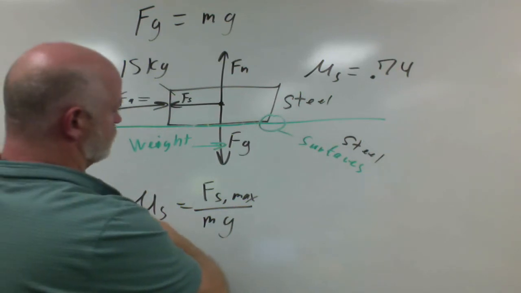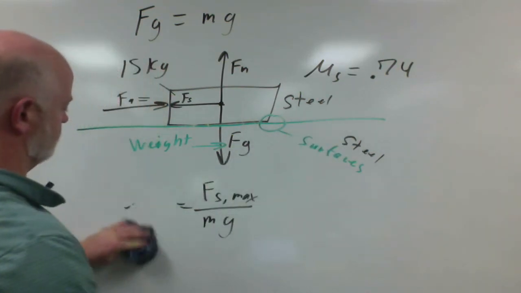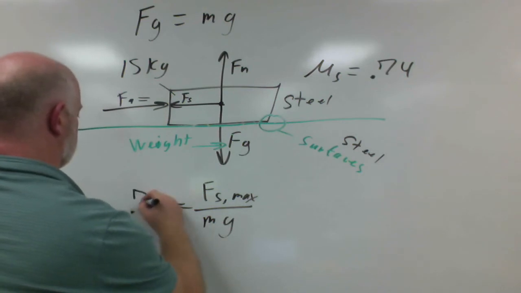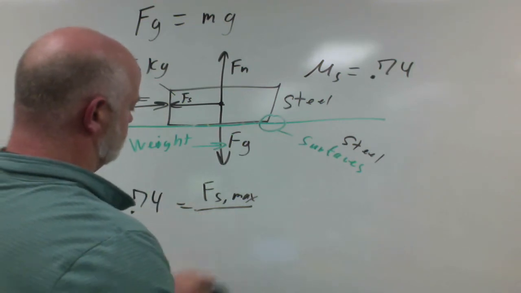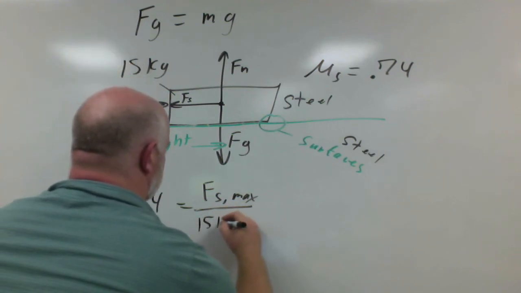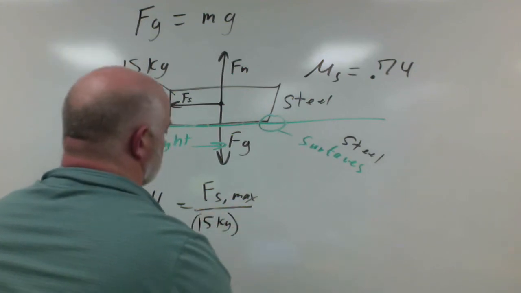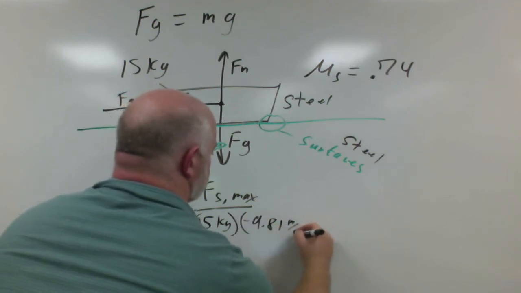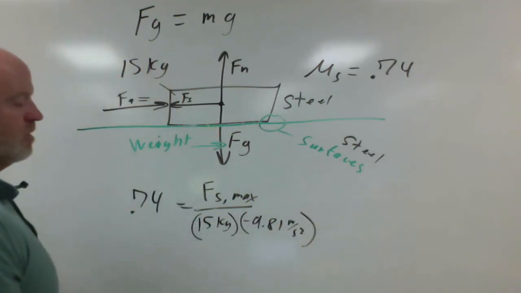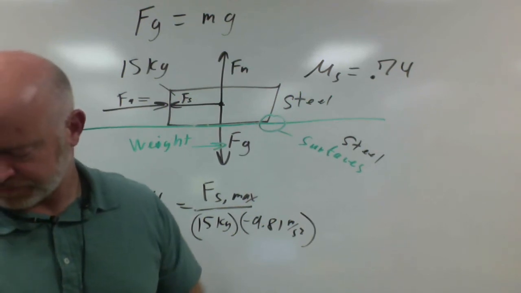Mu sub s is 0.74. Mass was 15 kilograms. Acceleration due to gravity is 9.81 meters per second squared.